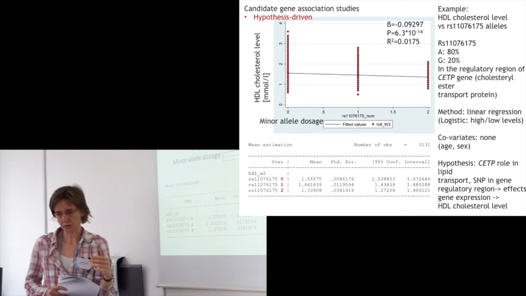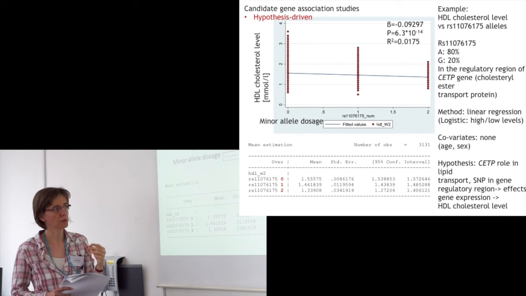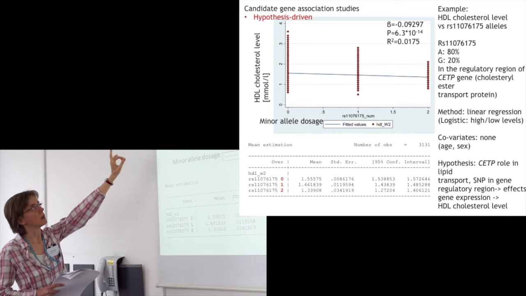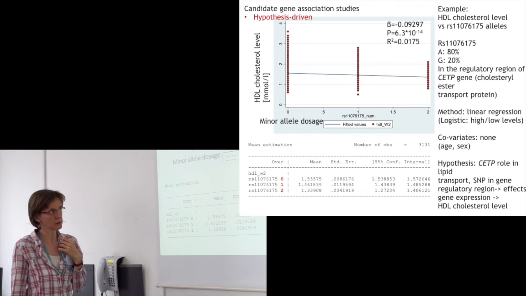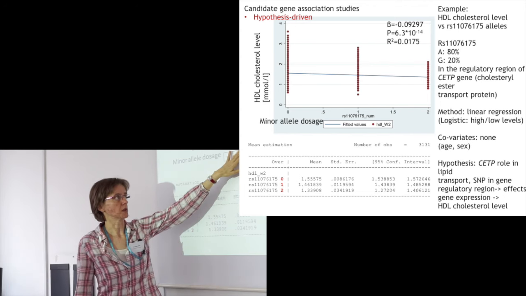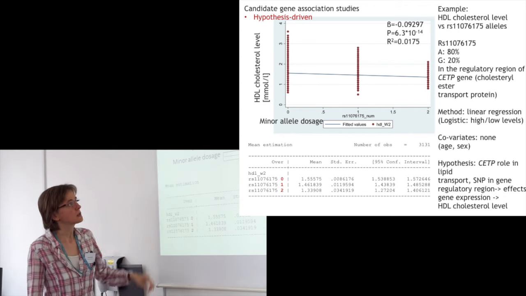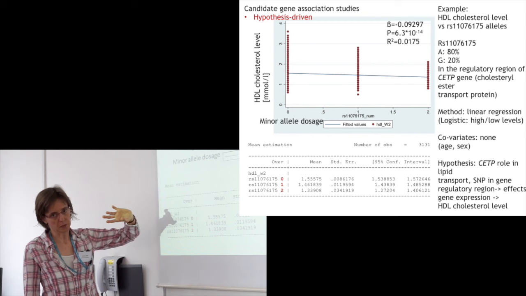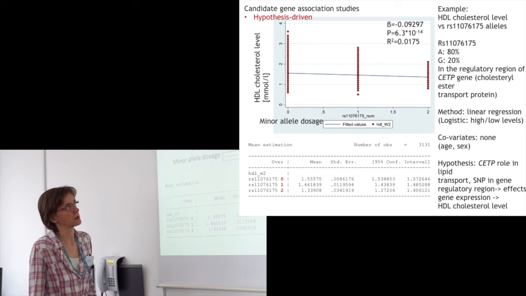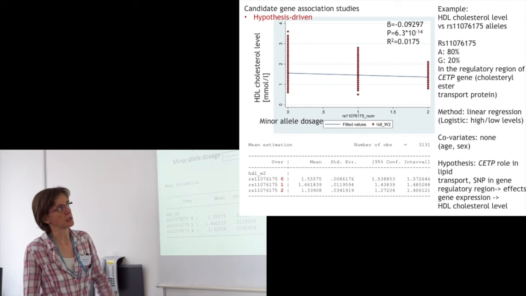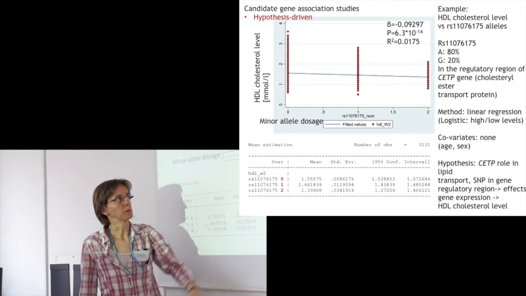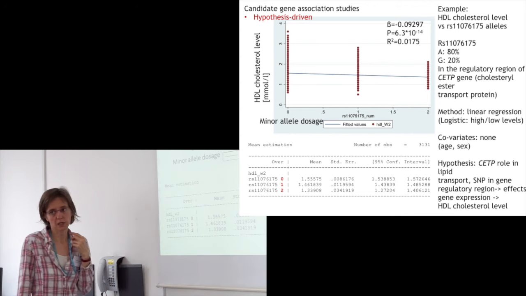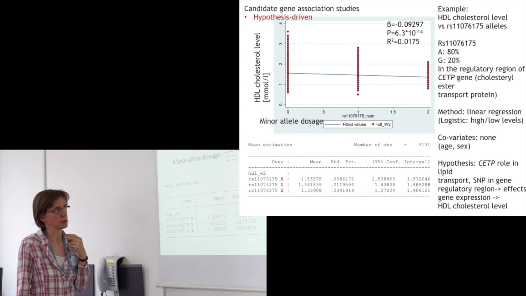But choosing this SNP wasn't random, because a candidate gene association study is always hypothesis driven. I had a reason to choose this particular one. This one is less imbalanced, the frequency between the minor and the major allele being 20 versus 80%. And I chose this one because it is in a gene regulatory region, which takes part in cholesterol transport.